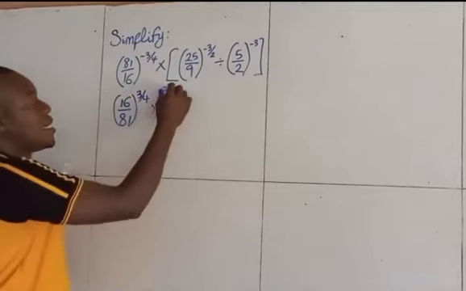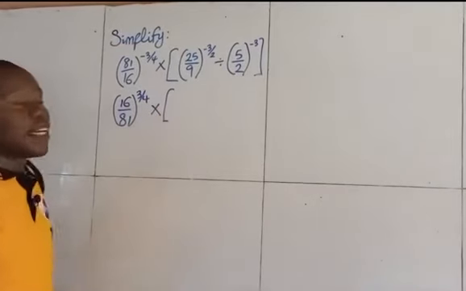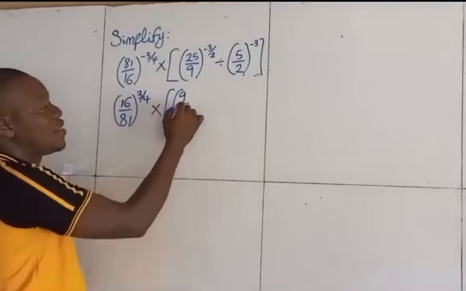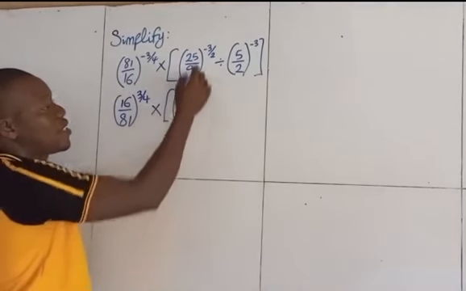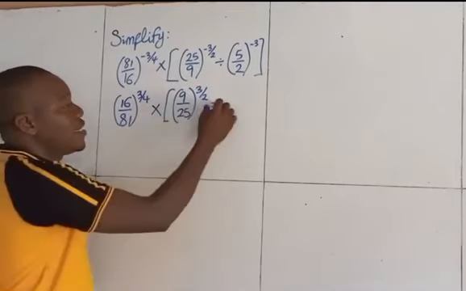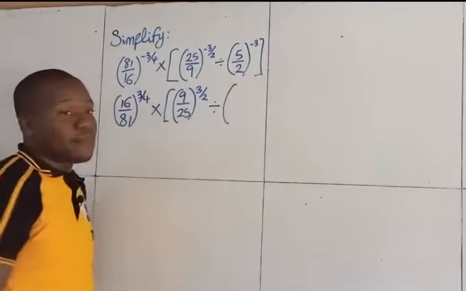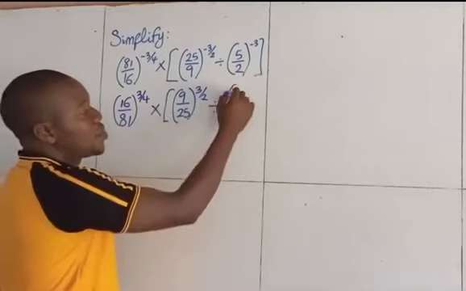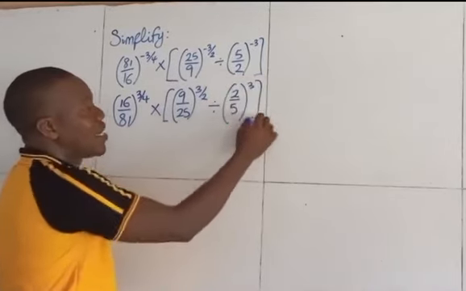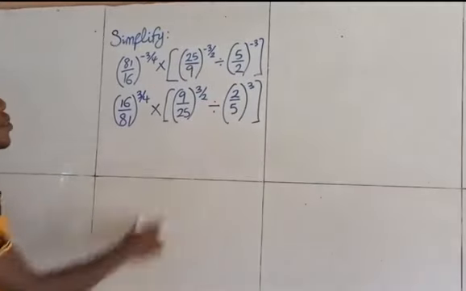Then times, we can apply the principle here. So instead of 25 over 9, we have 9 over 25. The power changes from minus to plus 3 over 2. Divided by, applying the same principle, it changes to 2 over 5, and the power changes to plus 3. So we've simplified from here to here.